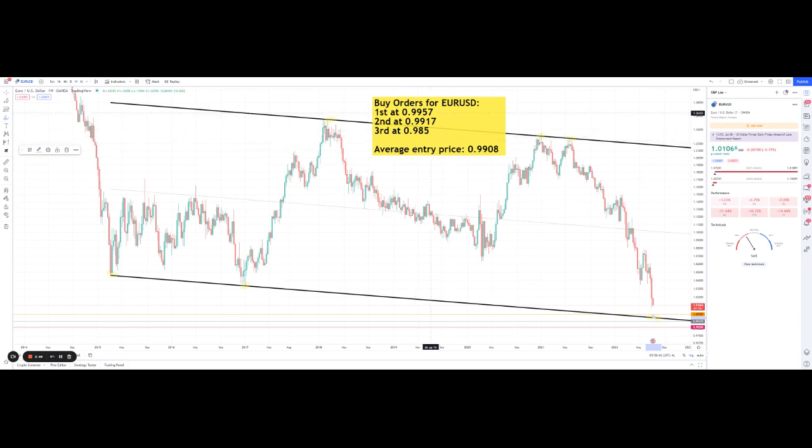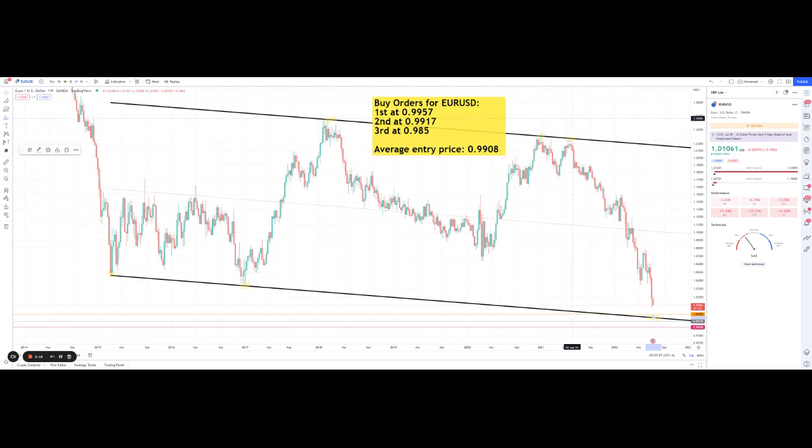And if all those buy orders get filled, then the average entry price would be 0.9908.